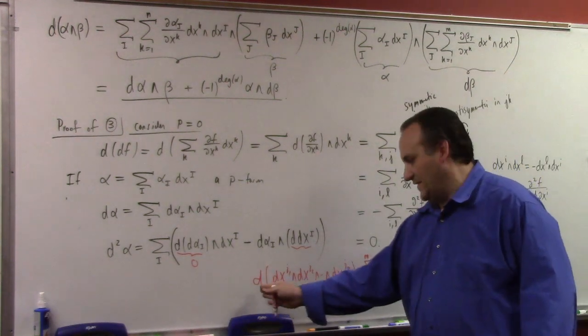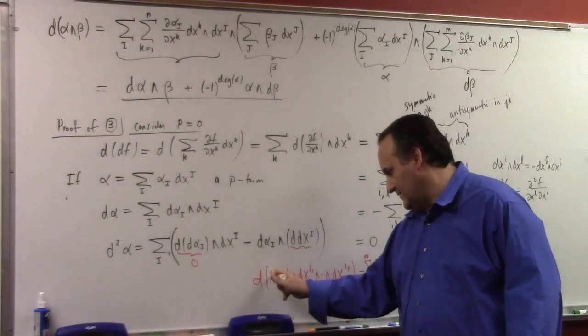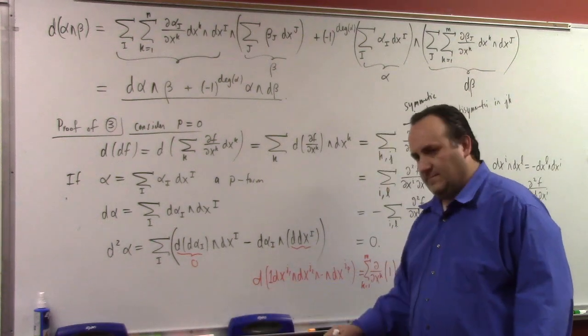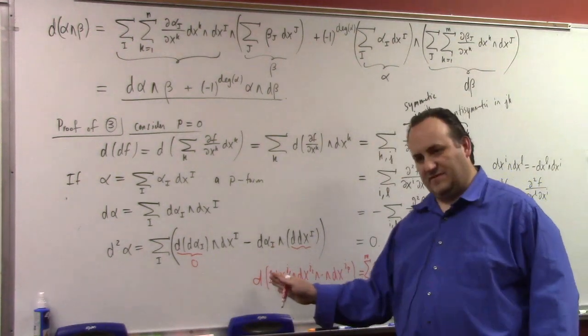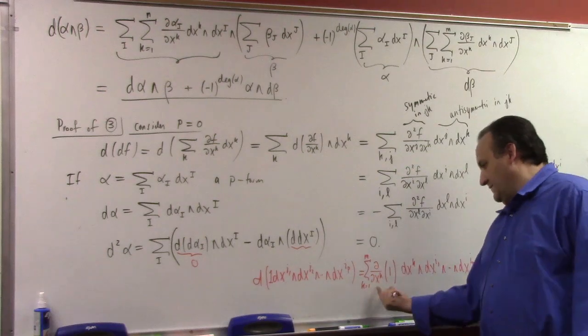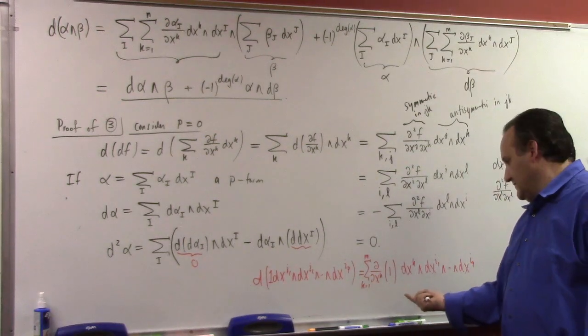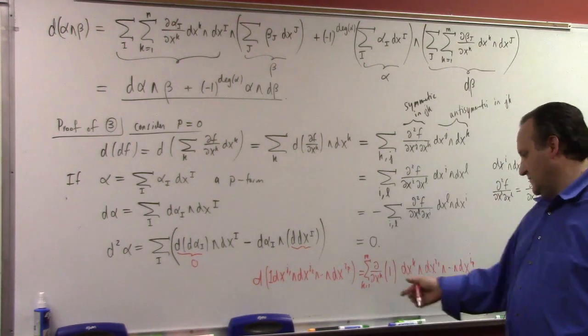So what's the component function here? The component function here, it's hard to see, but it's right there, it's 1. So this is a differential form. Its exterior derivative is the partial derivative of this times that, which of course is 0, which makes this 0.